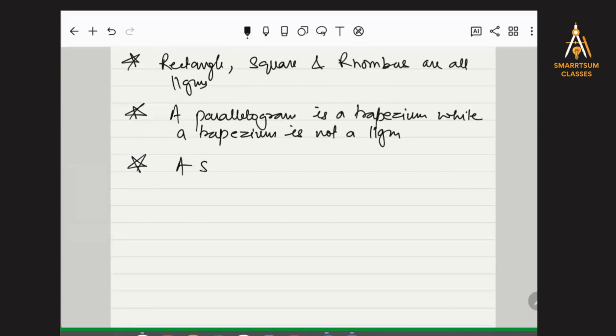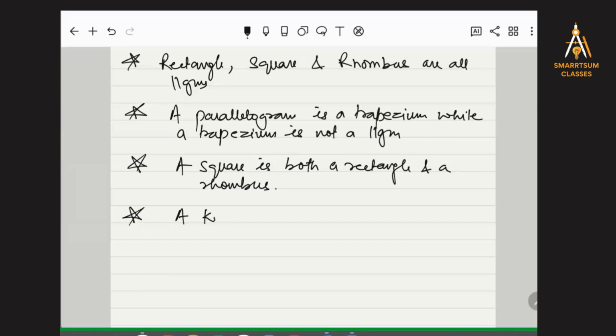A square is both a rectangle and a rhombus, right? और parallelogram तो है ही square, right? Kite, a kite is not a parallelogram.